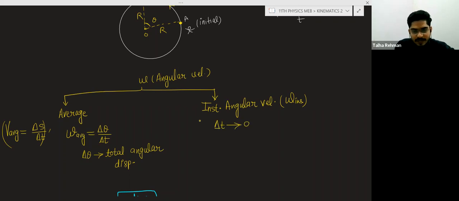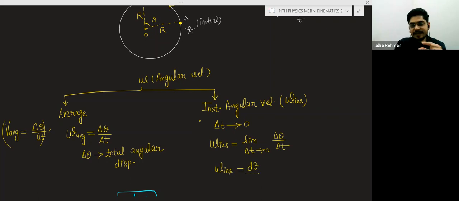Then you can write the instantaneous velocity as equal to limit delta t tending to 0 of delta theta by delta t. Then delta theta is converted to d theta. Why?